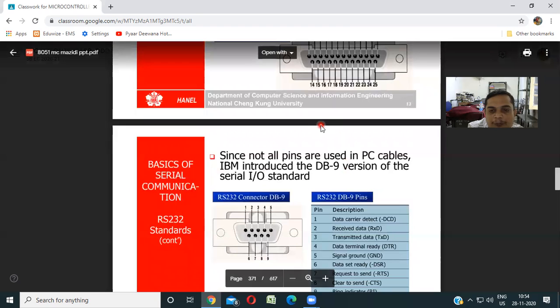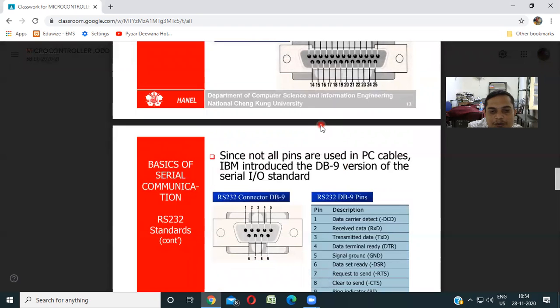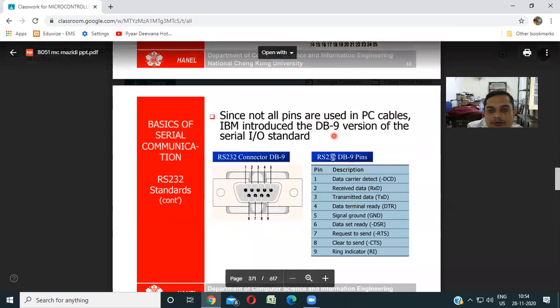Instead of 25 pins, we are using only 9 pins. This is the advance over the DB25, where we use 25 pins, so not all the pins are used. So instead of 25 pins, the present day MAX IC uses DB9, only 9 pins.